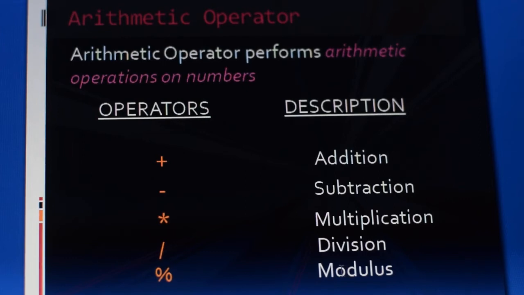You divide two numbers, for example 5 divided by 2. So what will happen? In the quotient it will be 2 and in the remainder it will be 1. So slash will take the quotient part while the modulus will take the remainder part.